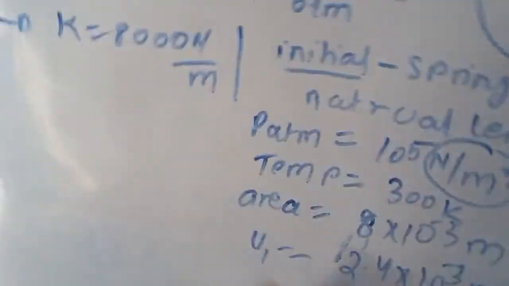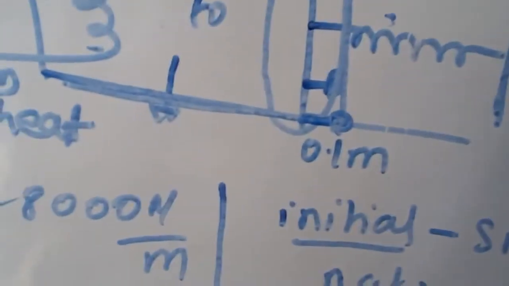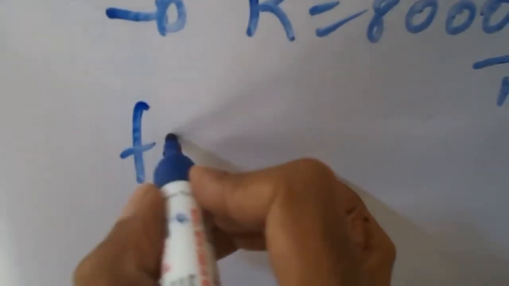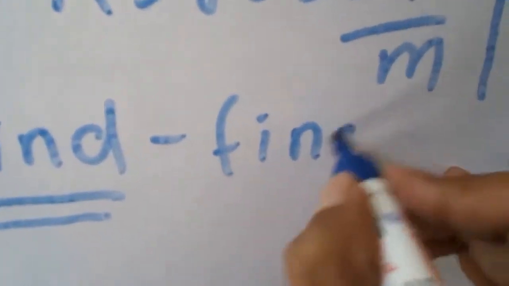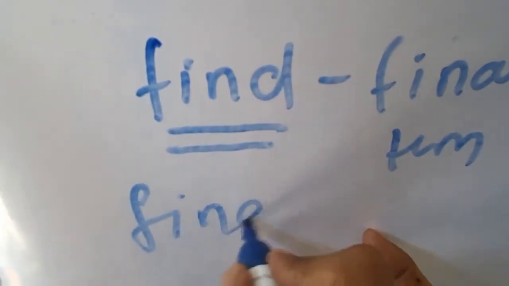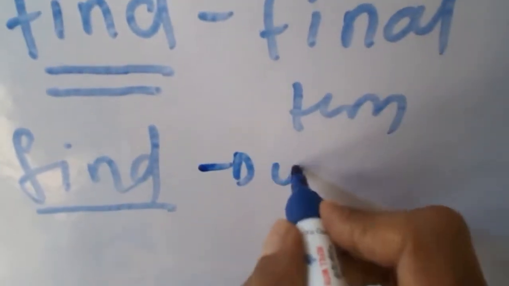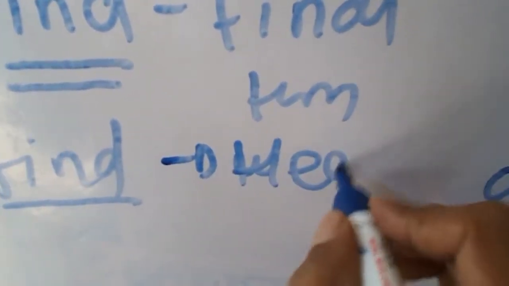Okay guys, and due to heat, this piston has moved 0.1 meter toward left. And what we have to find: first thing is find the final temperature, and second thing is find the heat supplied.